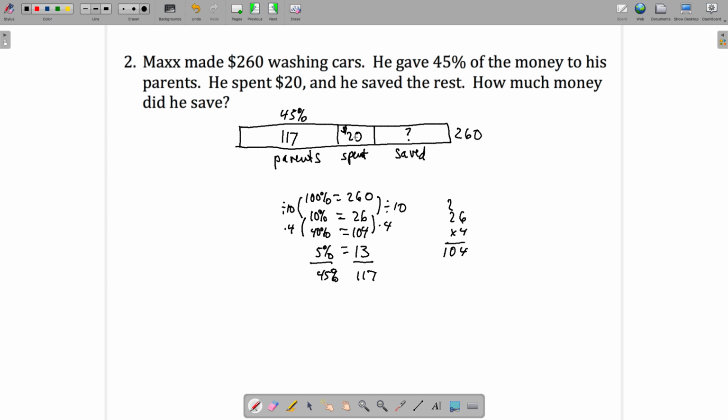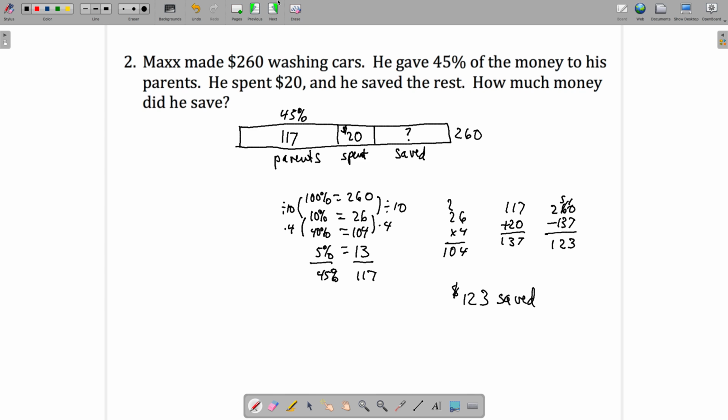And finally, if I add these together and subtract them, so 117 plus 20 is 137, and 260 minus 137 is going to be 123. So $123 saved.